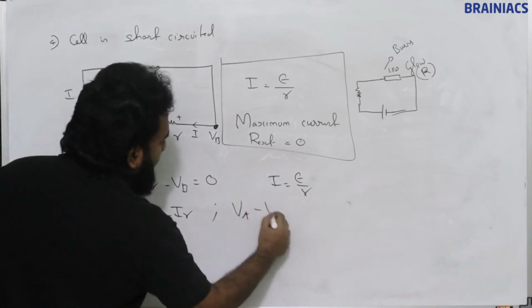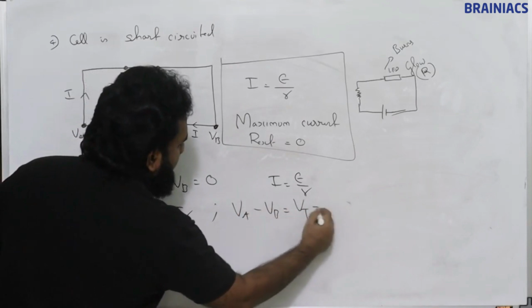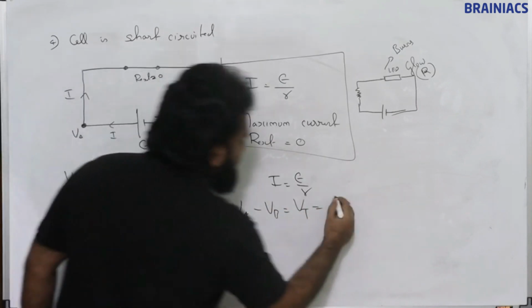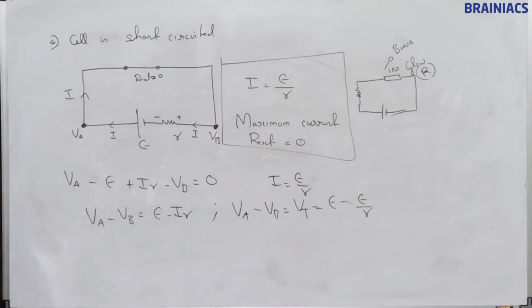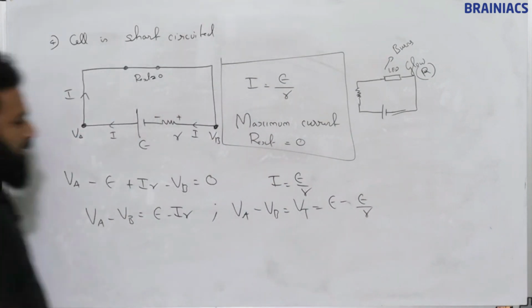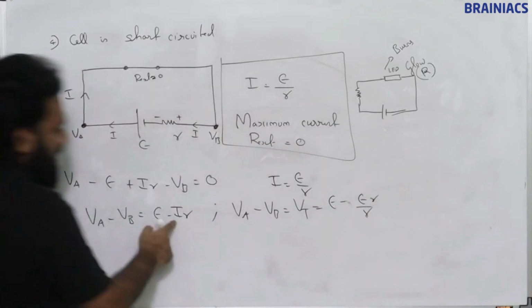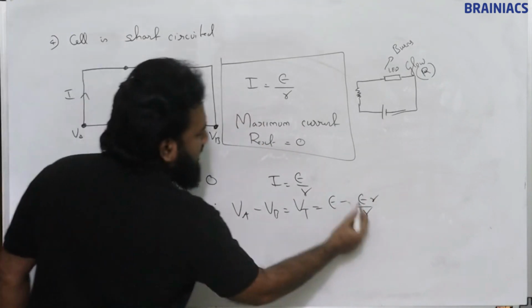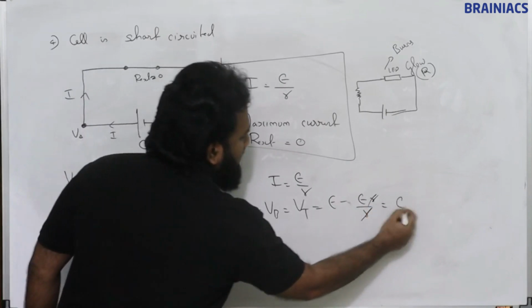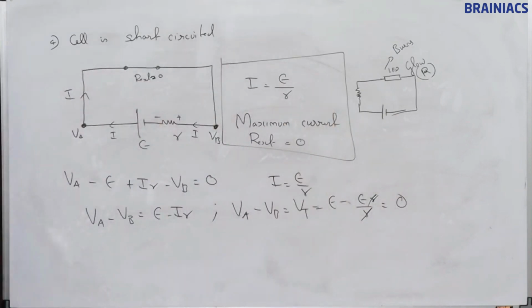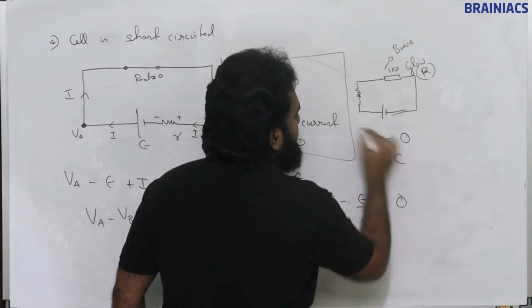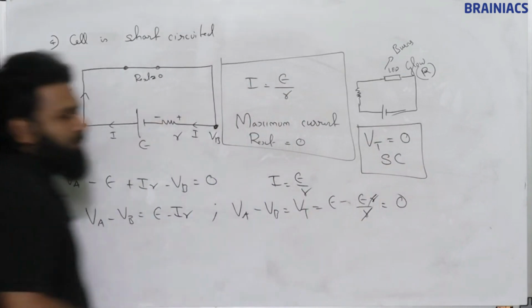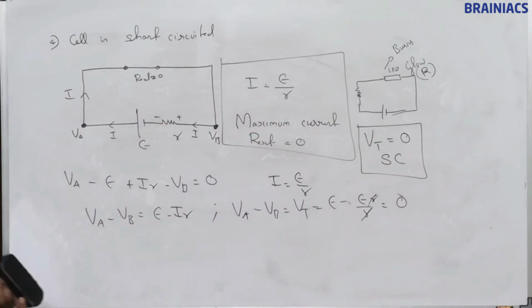VA minus VB, the terminal potential difference, is equal to E minus (E by r) times r, that is E minus Ir. The E by r will get cancelled, and we will be getting 0. So the terminal potential difference is equal to 0 in the case of short circuit.